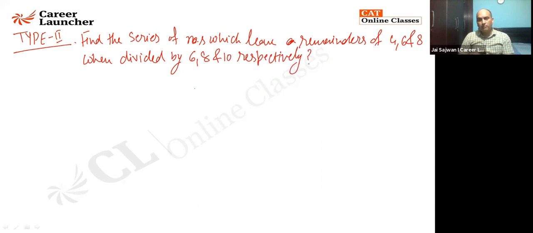So tell me the series of numbers which leaves remainders 4, 6, and 8 when divided by 6, 8, and 10. Now, the first thing here is we don't have a common remainder like the earlier case.